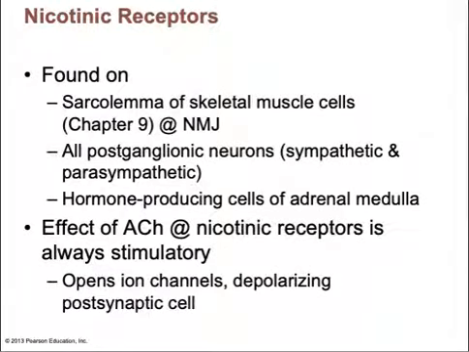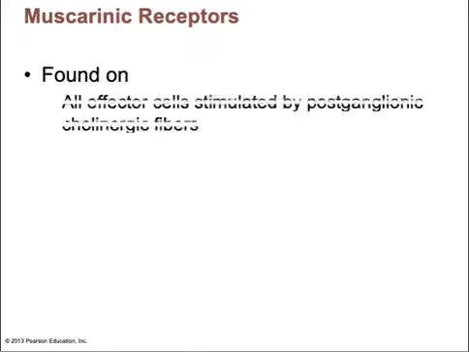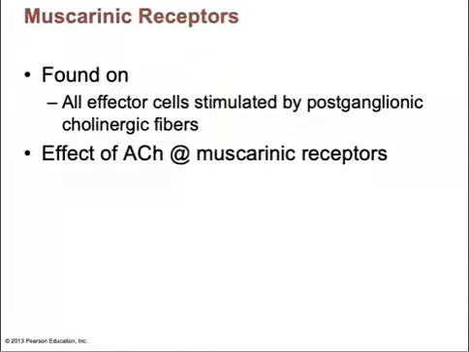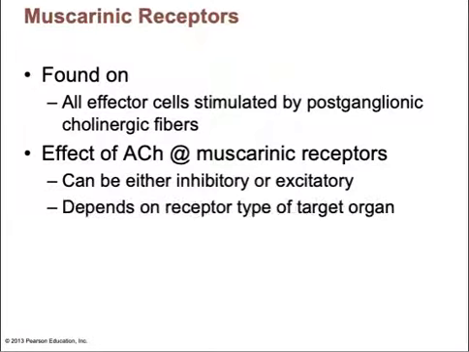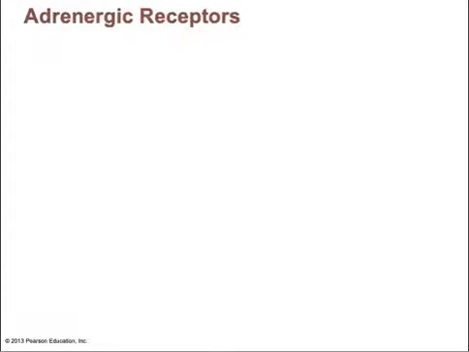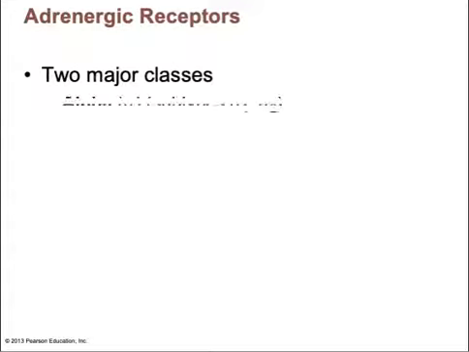It pops ion channels, it depolarizes the postsynaptic cell, and makes it more likely that you're going to generate an action potential. Muscarinics are found on effector cells that are stimulated by postganglionic cholinergic fibers, and the effect of acetylcholine can either be inhibitory or excitatory depending on the receptor and the type of organ.